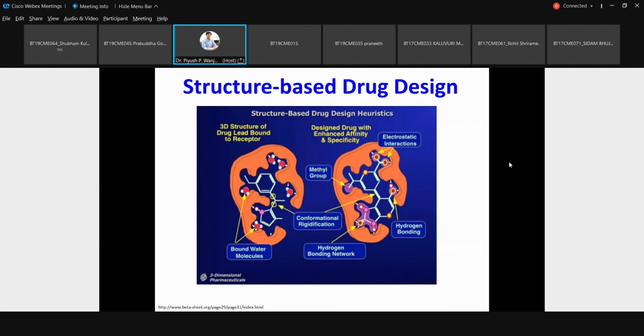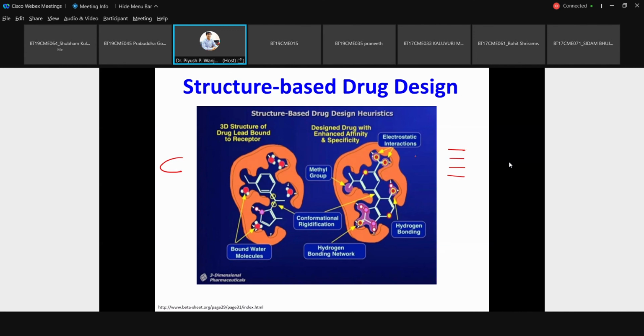So if you go into this detail of structure based drug design, now you know how the structure is. So now you can do some realistic studies. Realistic studies means earlier you were doing blind studies, you didn't know how the ligand is going and what it is exactly doing in the body.